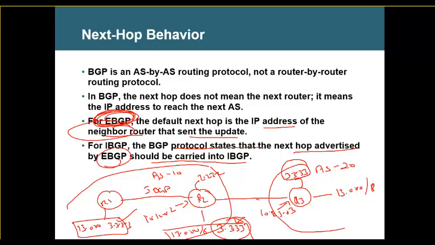Please understand, even though the neighbor router is router 3, it won't be 10.23.0.3 because I said we are forming a neighbor using loopback. If router 2 is forming a neighbor with 3.3.3.3, then the next hop will also be 3.3.3.3.